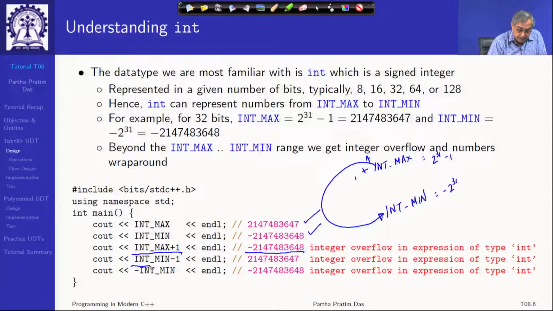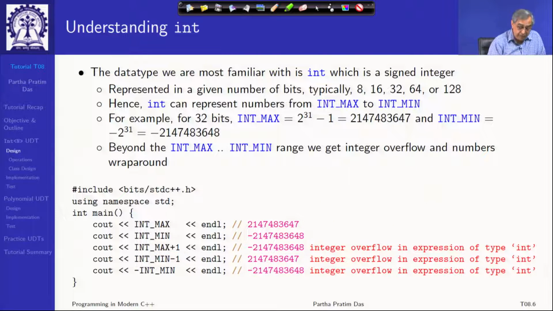Similarly, if you try to subtract 1 from int min, the minimum negative number, it will wrap around in the opposite way and give you the maximum positive number. And very interestingly, if you try to take the negative of int min, you will get int min itself.